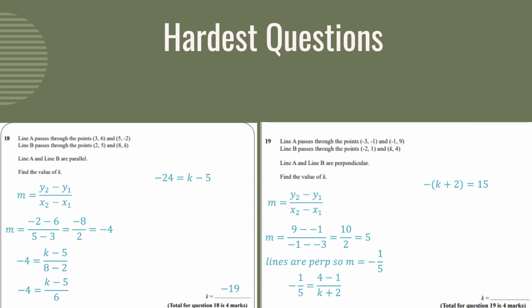And that equals 4 minus 1, which is 3, times 5 equals 15. Times it all by negative, so negative k minus 2 equals 15, meaning negative k equals 17 because we plus 2, meaning k on its own equals negative 17.